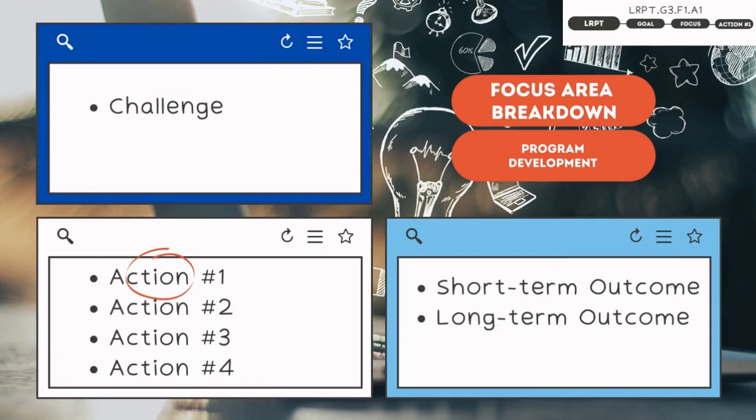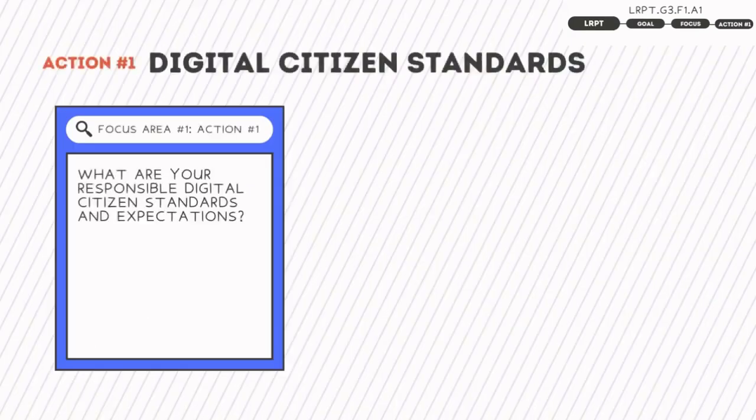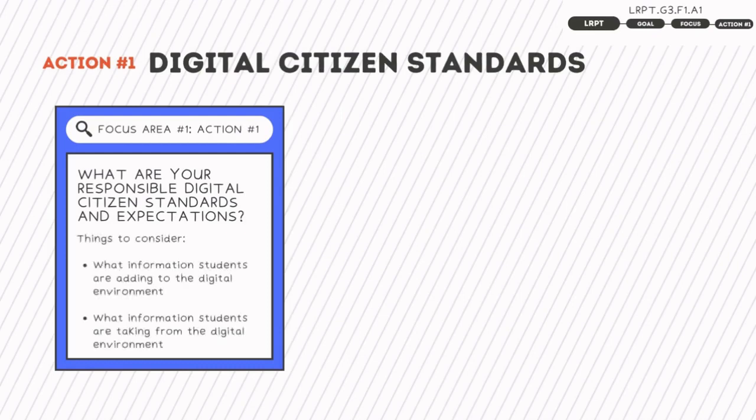We know the challenge. Now let's think about the first action. Action number 1 is to create digital citizen standards. These standards should address the two major components of being a digital citizen: what information students are adding to the digital environment and what information students are taking from the digital environment.